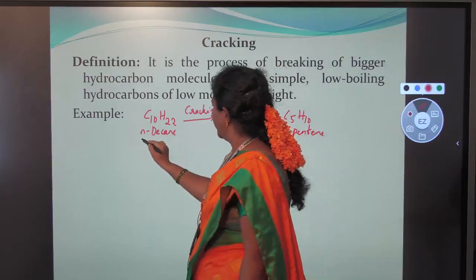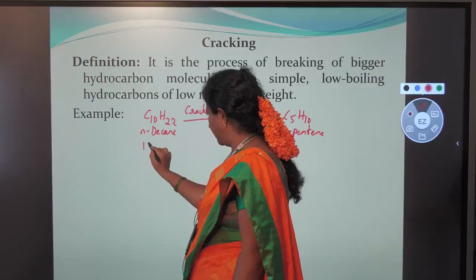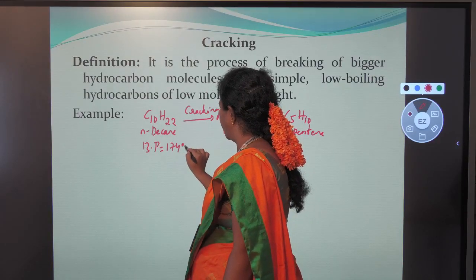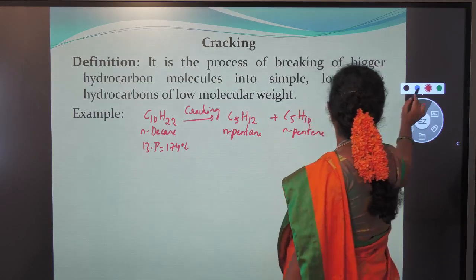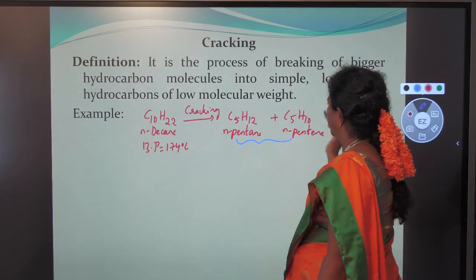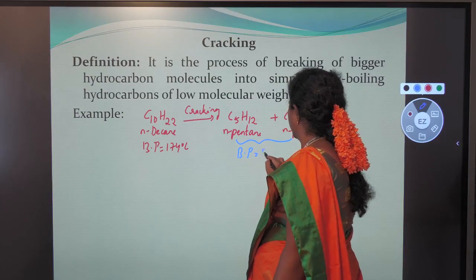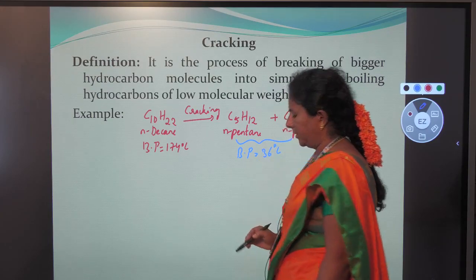N-decane has a boiling point of 174 degrees centigrade, and these have a boiling point of 36 degrees centigrade.